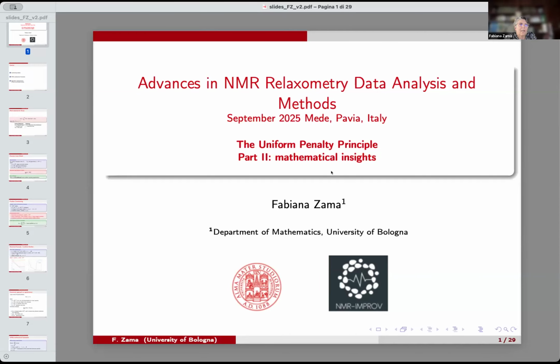At the end of a long story, we were able to explain its mathematical properties in such a way that we explain why it works so well. It's so clever, not only for the NMR problems that William has shown you, but also in other types of problems, mainly related to imaging and inverse problems.